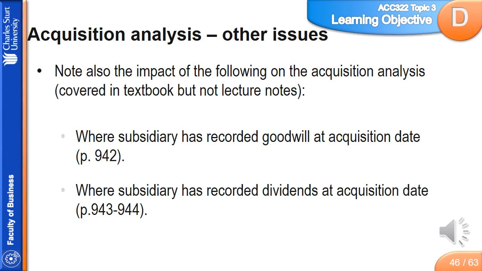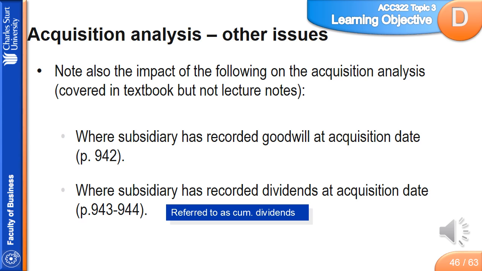The second point there says there's also a factor where the subsidiary has recorded dividends at acquisition date, and that's referred to as a cumulative dividend, or cum dividend for short. It could be cum dividend or ex dividend. So when it's cum dividend, it's recorded as a reduction of the consideration transferred, and you need to prepare a journal entry to record that reversal if you're preparing the accounts as at date of acquisition.